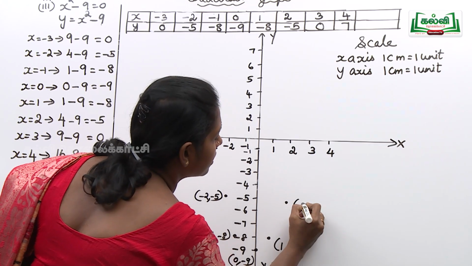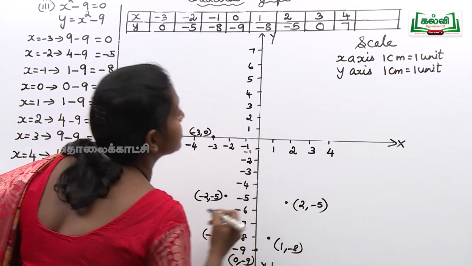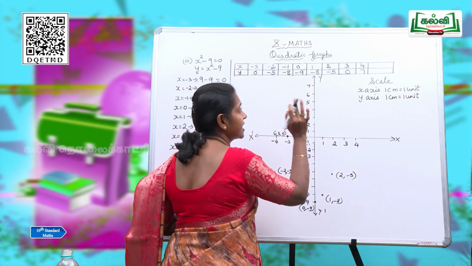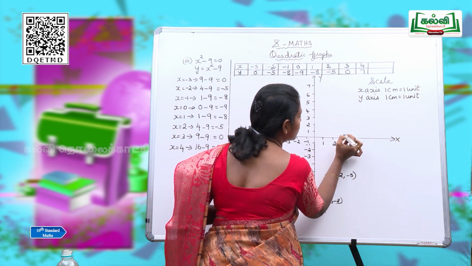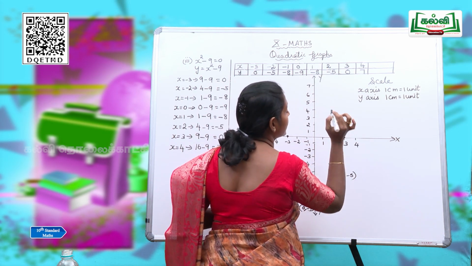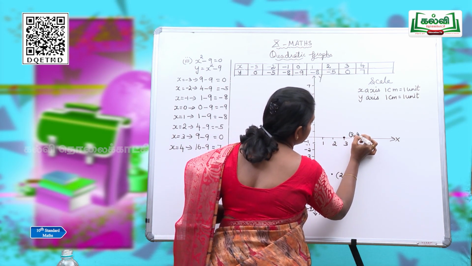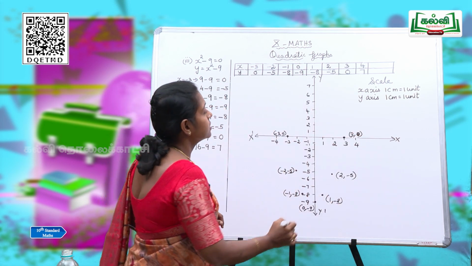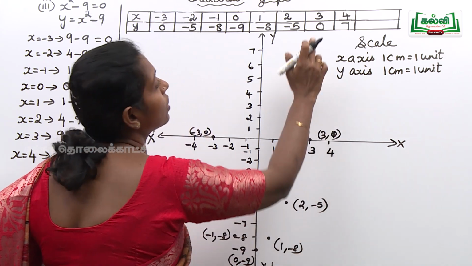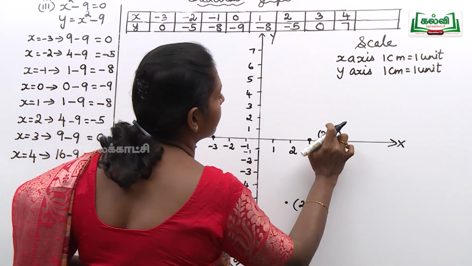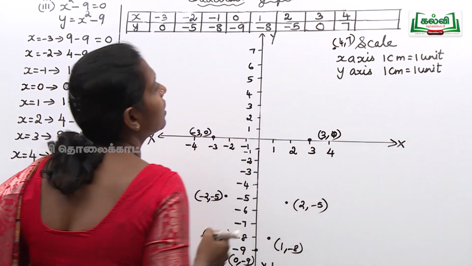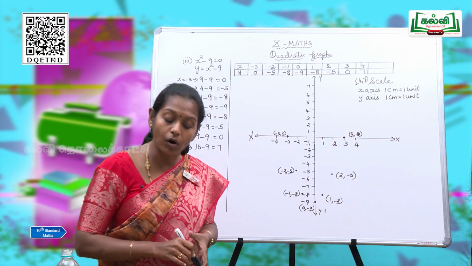It will be here, 2, minus 5. Next, 3, 0. So, only x has the value. So, 3, 0 lies along the x-axis only. So, this is 3, 0. Right. 4, 7. So, on the x-axis 4, y-axis 7. It will be here, right? This is 4, 7. Now, we have marked all those points.